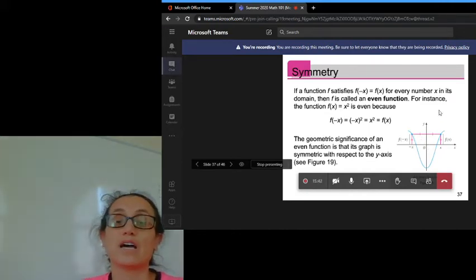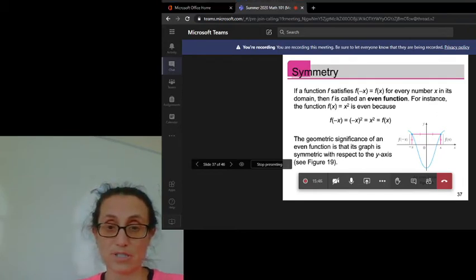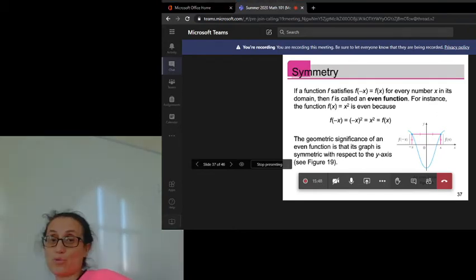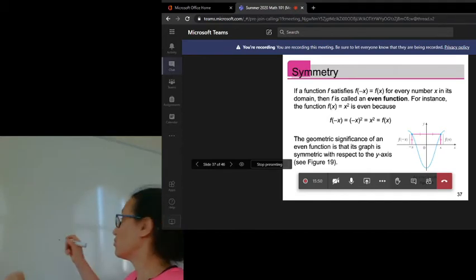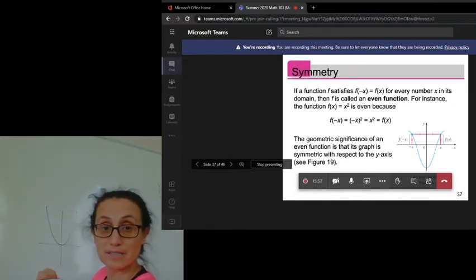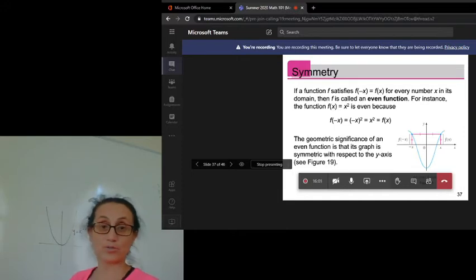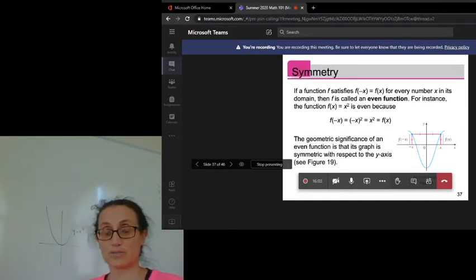Okay, let's see whether you can see this here. I have the board here. I can draw y is equal to x squared. Can you see that? Not really, right? Not the best. So this is y is equal to x squared.